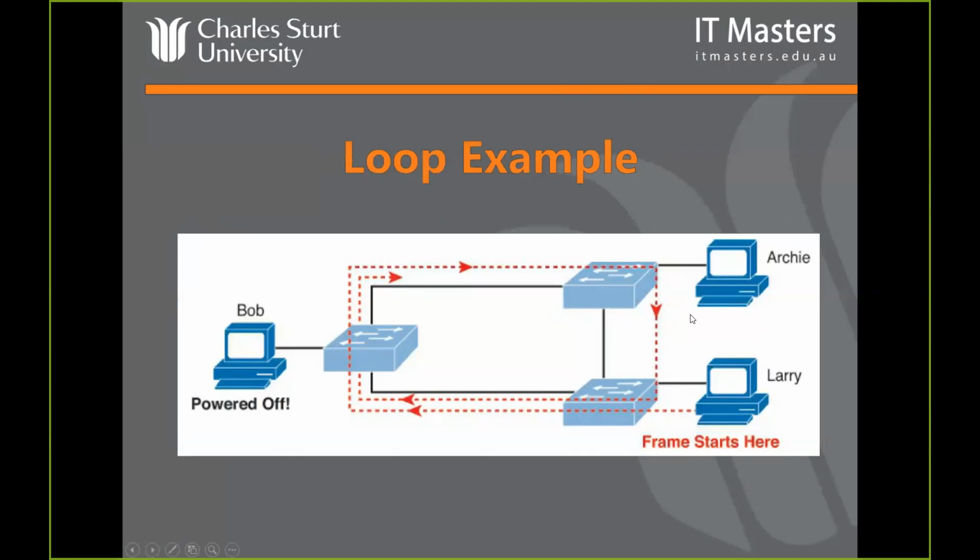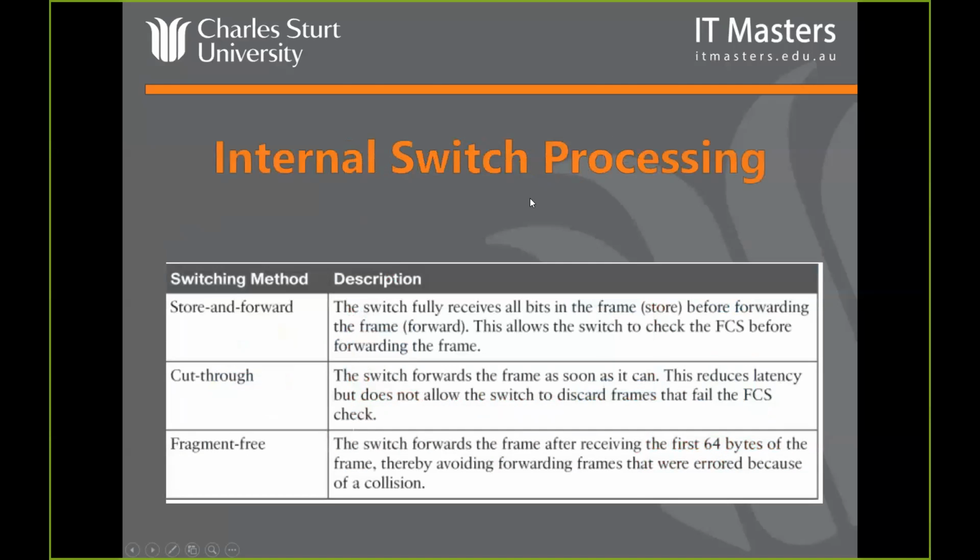So if, for instance, this link went down, then we could still communicate via this way for Larry and this way for Archie talking to Bob. Or similarly, if any one link is down, there is still an alternate path to get to Bob from the other two devices. So that's generally a good thing. We want to have alternate paths. What we don't want is this looping around of endless packets.